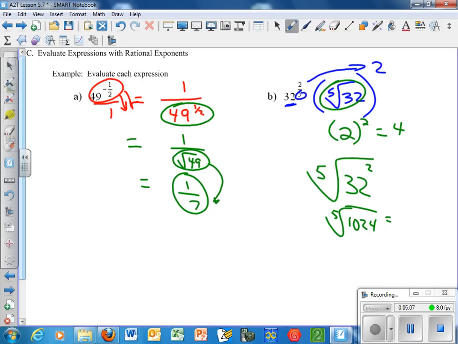The fifth root of 1024 is 4. So you get the same answer whether you do it the way I did on top or the way I did on the bottom. It works either way.